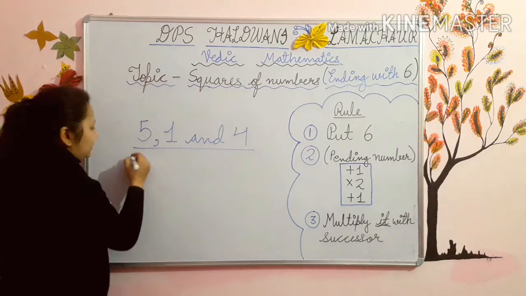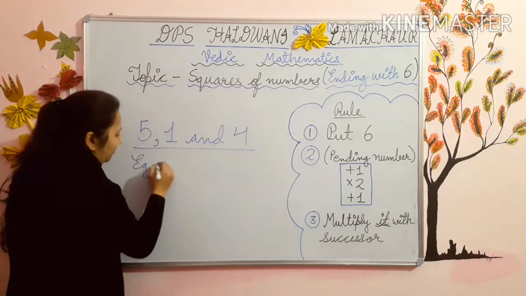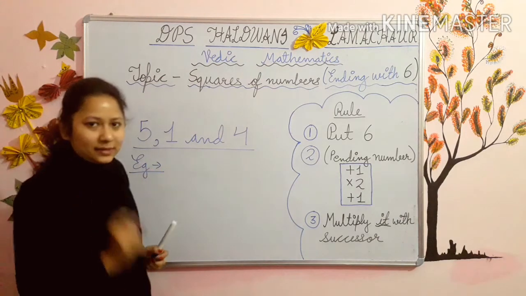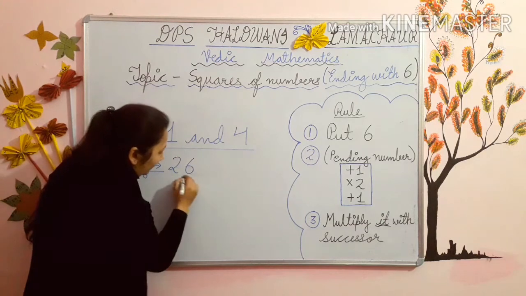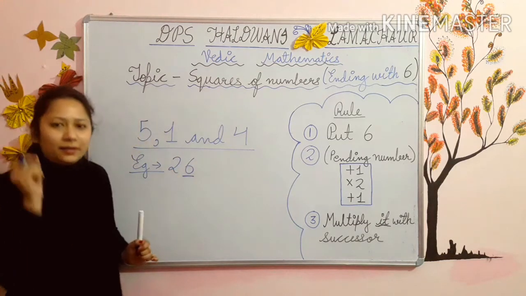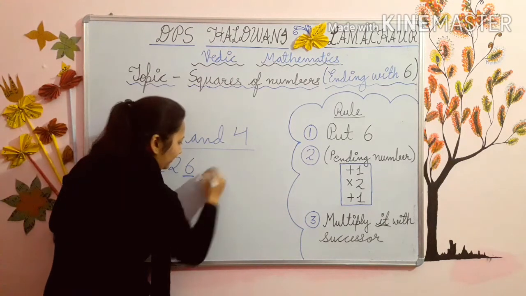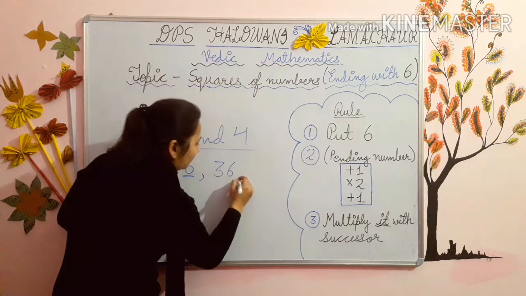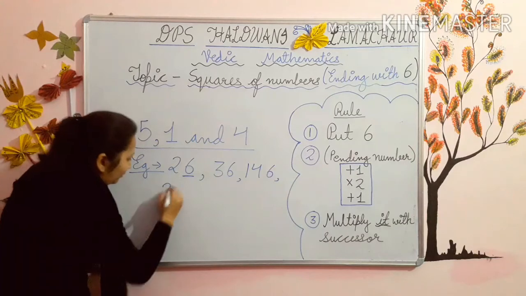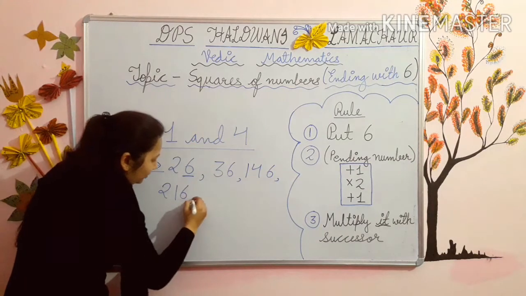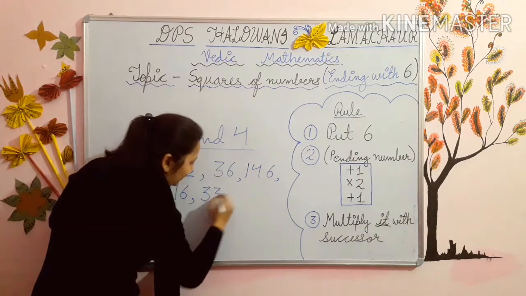Now let's take an example of the numbers which end with 6. As you can see, 26 is having 6 at the last place. Same way 36, 146, 216, 336.